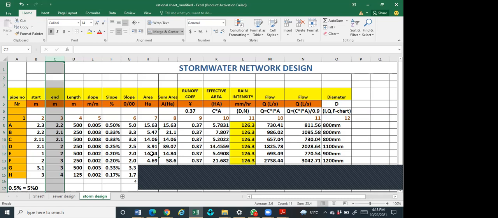E is E. E has no tributary, it has no upstream, it has no downstream. It has no upstream, sorry. It remains this. But F becomes what? D plus E plus F. So that is that.